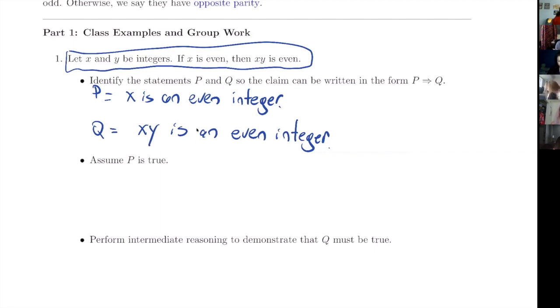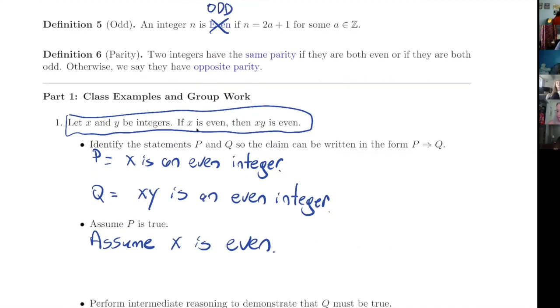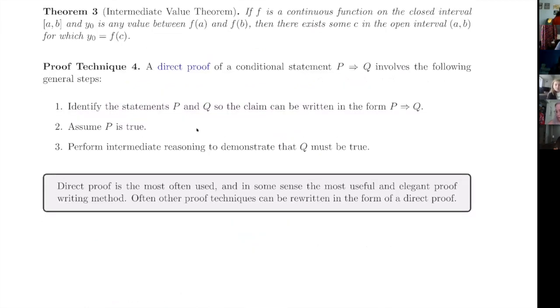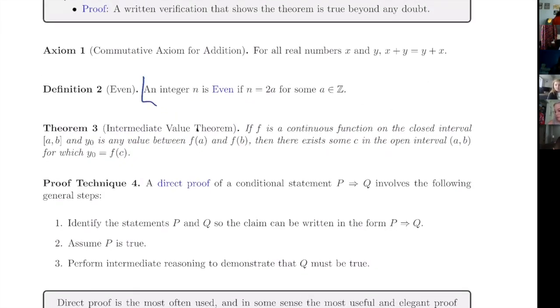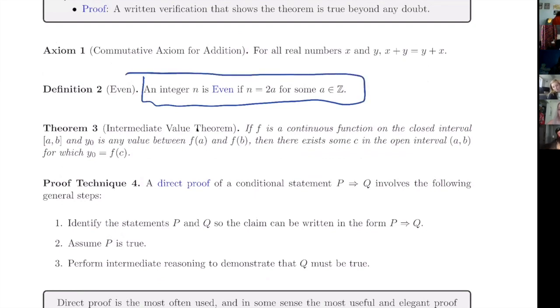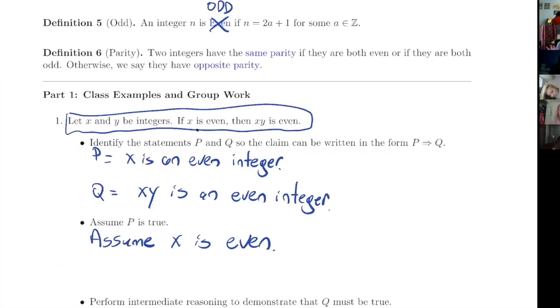So first we identify P and Q, and then we start with the assumption that P is true. In this case, we're going to assume that x is even. And then we go to the definition to say, well, what exactly does that mean? Well, here's what that would mean. So let me write that out mathematically. Let's assume x is even.